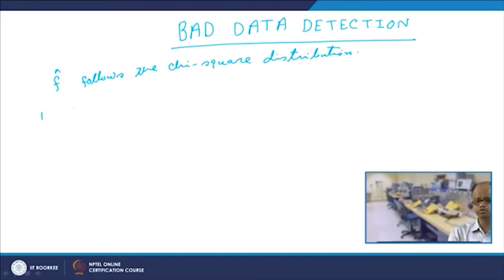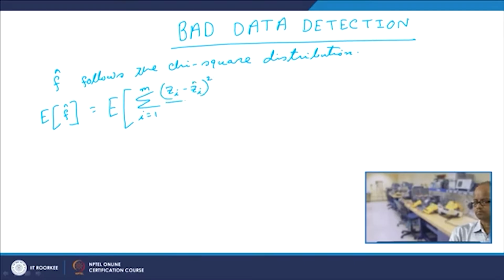So, we would like to know what is the mean value of f hat. So, what we want to know is the expected value of f hat. So, that would be obviously something like this. So, that would be the case.